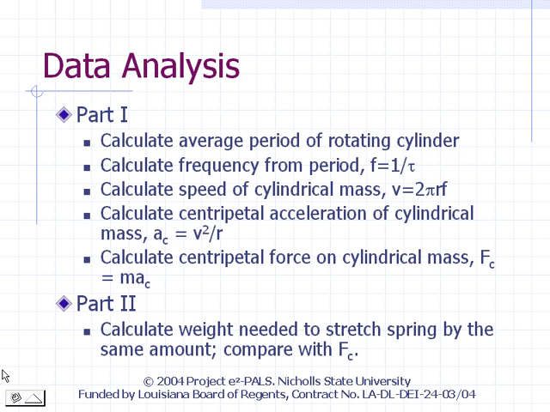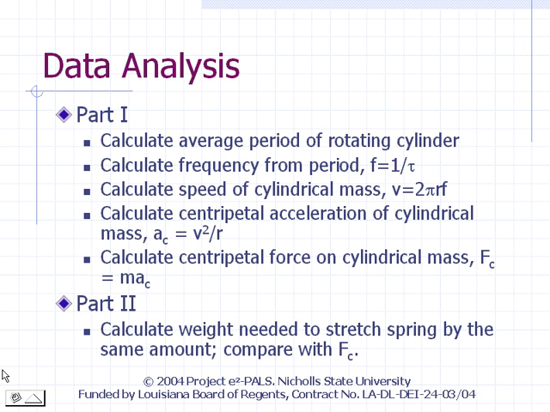Calculate the average period of the rotating cylinder in Part 1. The reciprocal of the period is equal to the frequency of the rotation. The speed can be calculated from the frequency and the radius of the circular path. You measure the radius in Part 2. This is the distance from the axis of rotation, that is, the center pin, to the engraved line in the middle of the cylinder.